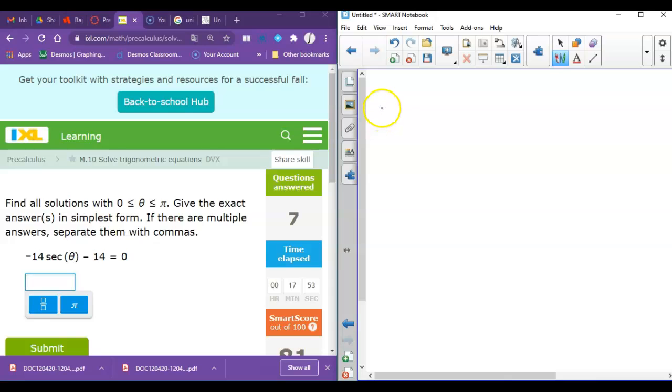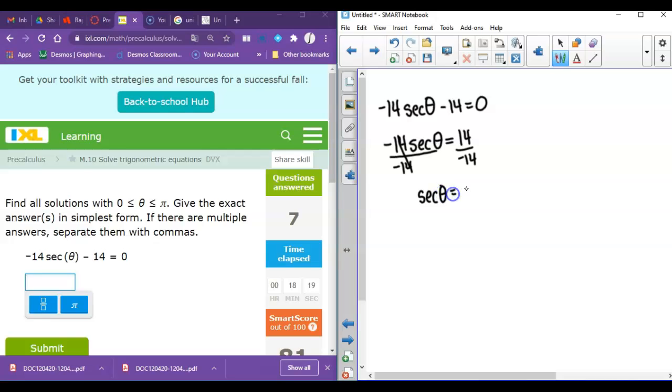So we've got negative 14 secant of theta minus 14 equals 0. So negative 14 secant of theta is going to equal positive 14. Then we'll divide both sides by negative 14, so we've got secant of theta equals negative 1.